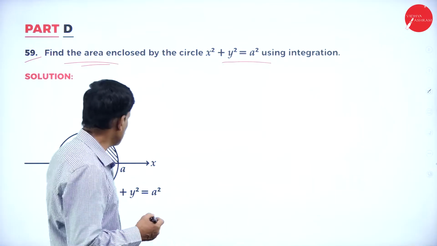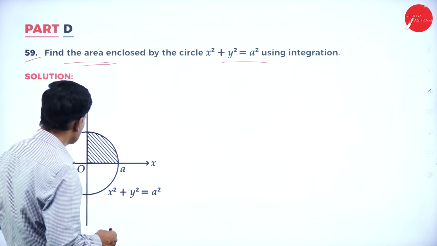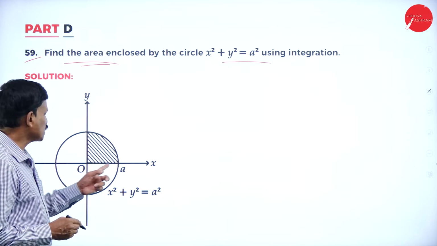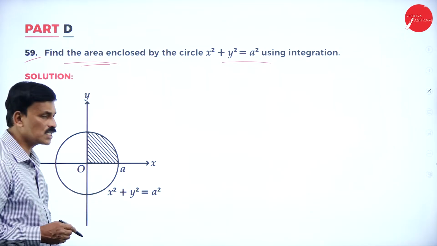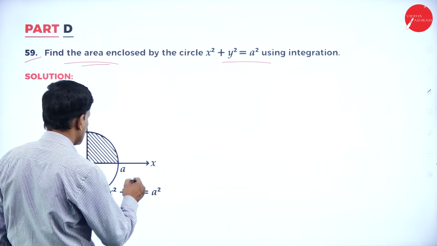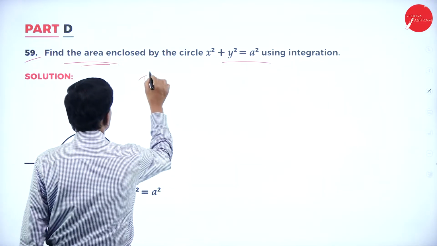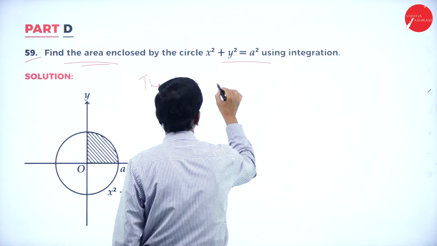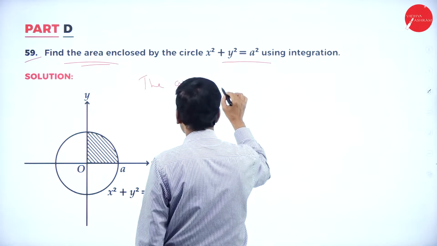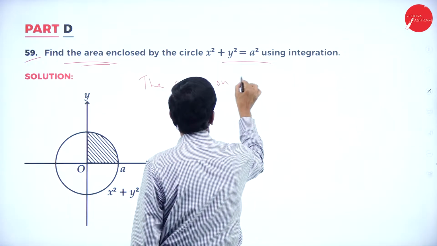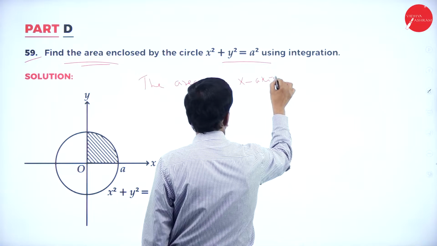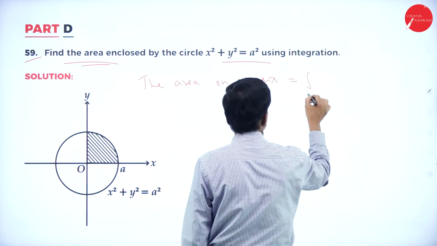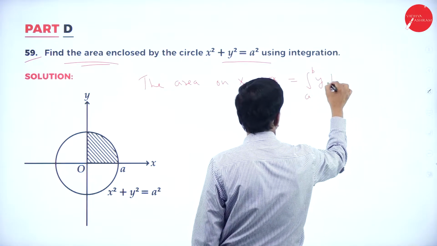Now this can be evaluated. What is given? Let us consider a circle with center O and a is the radius. The equation of the circle is x square plus y square is equal to a square. The area enclosed by the curve on the x axis is given by integral a to b y dx.